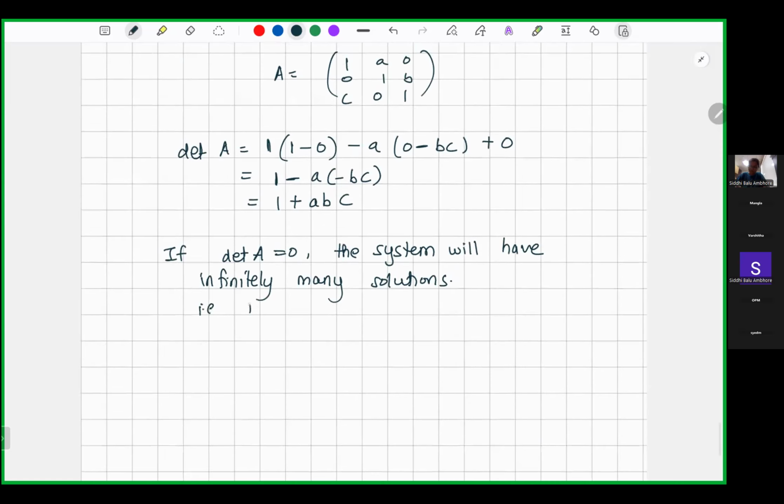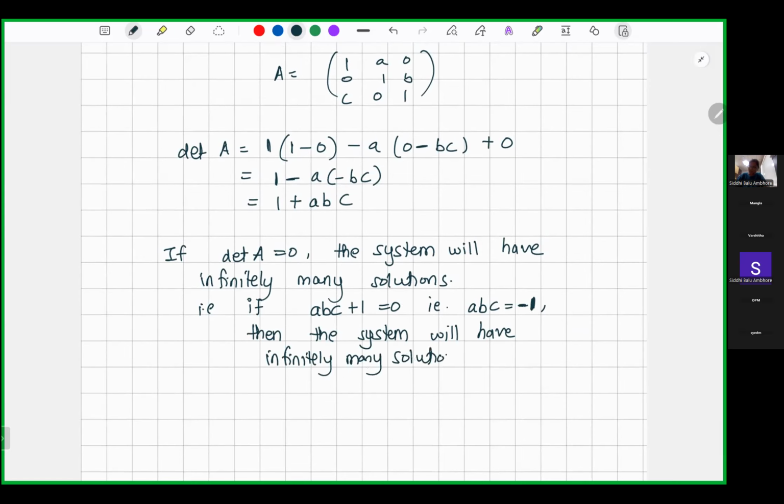That is, if ABC plus 1 is equal to 0, that is, ABC is equal to minus 1, then the system will have infinitely many solutions.